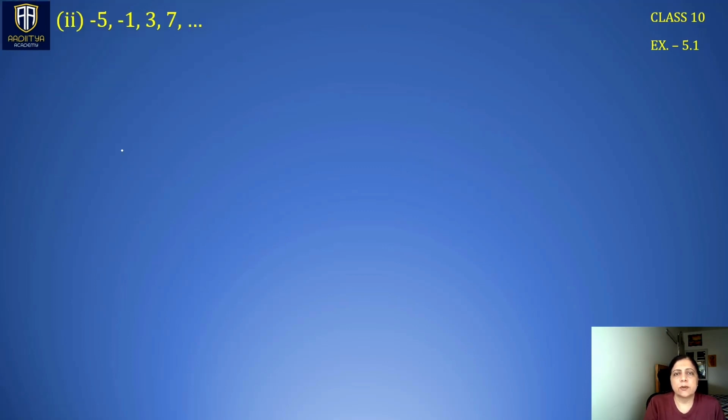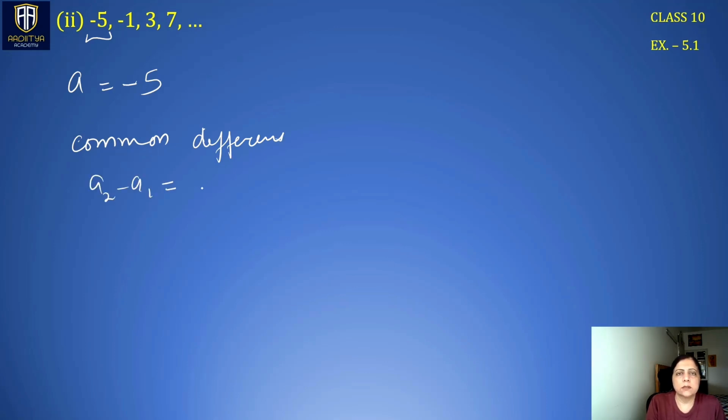Second is -5, -1, 3. First term here is the very first term existing in the sequence. And for common difference, it is a2 minus a1. It is minus 1 minus 5... Be careful about the signs. We have to subtract a1 from a2, not vice versa.